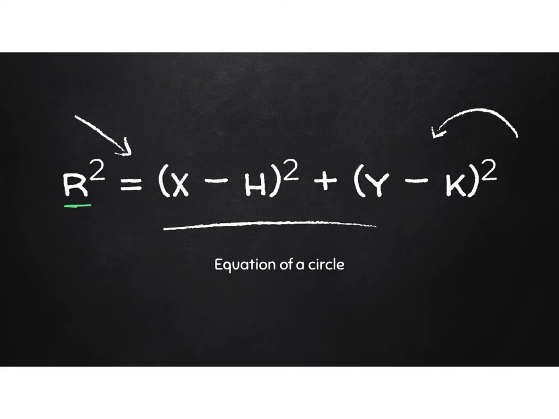R squared, radius squared, is equal to x minus h squared plus y minus k squared. The h and the k come from the center point.